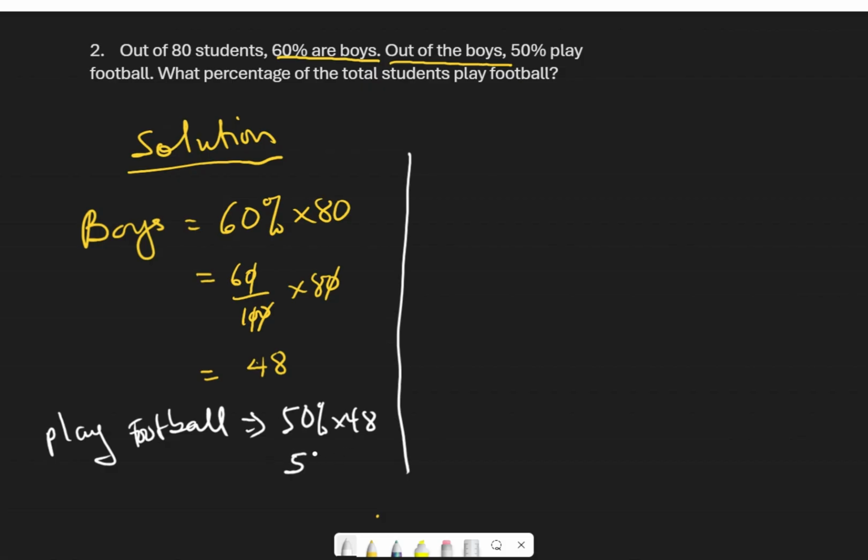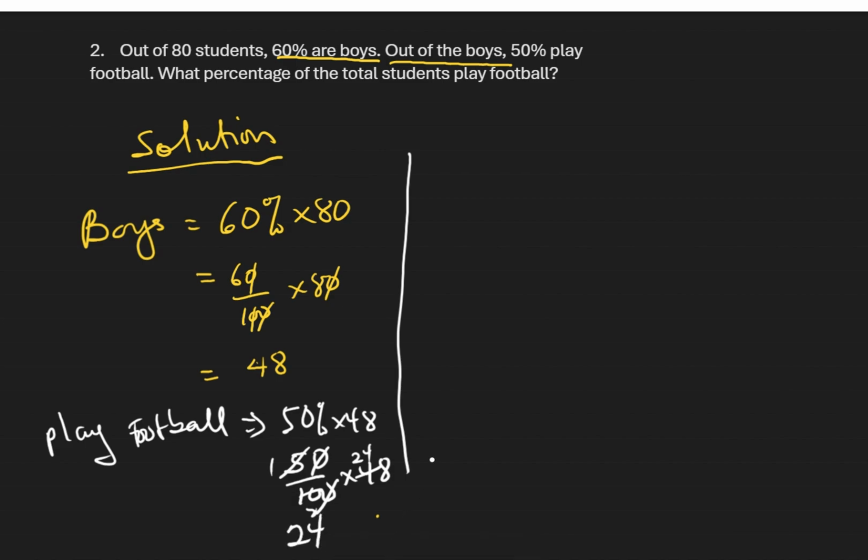Let's solve it. 50 over 100 times 48 gets 24. So it means 24 of the 48 play football.